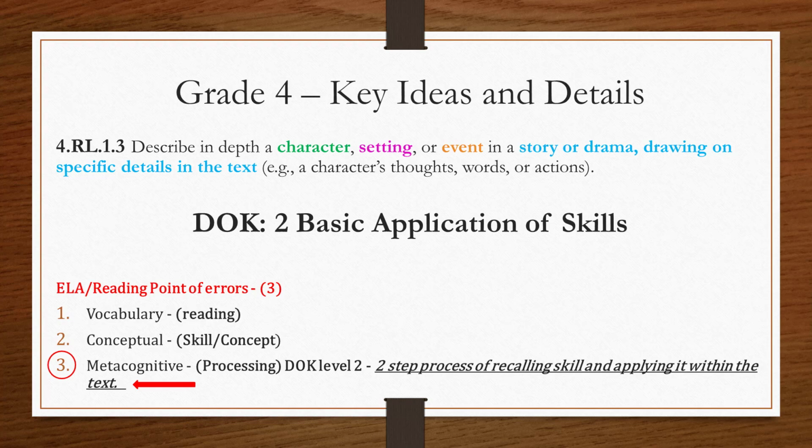This consists of the 2-step process of recalling the concept and then applying it within the text and/or passage given, which is the DOK level 2. This error is most common among students who score in the below threshold 0 to 49% red, and threshold 50 to 74% yellow value for the standard.